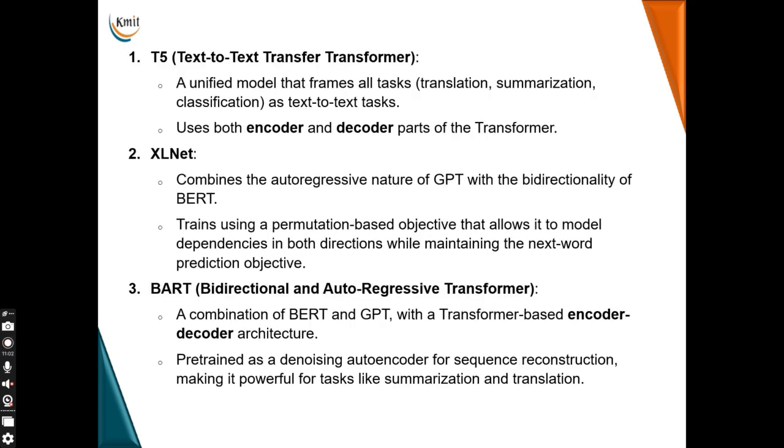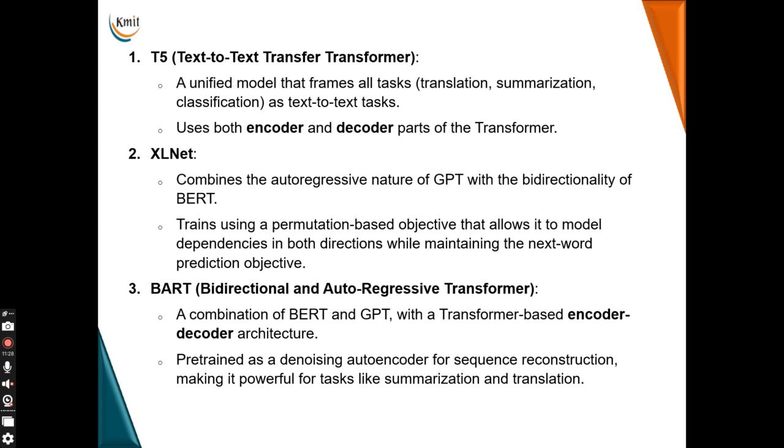And the other models, T5, text to text transfer transformer. So that is the reason it is T5. Each word is starting with T. There are 5 words in its name, T5. It's a unified model which frames all the tasks like translation, summarization, classification, everything as text to text.